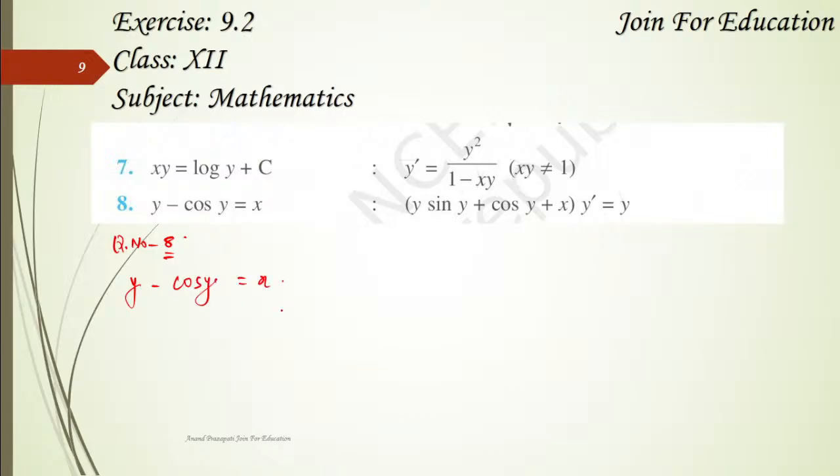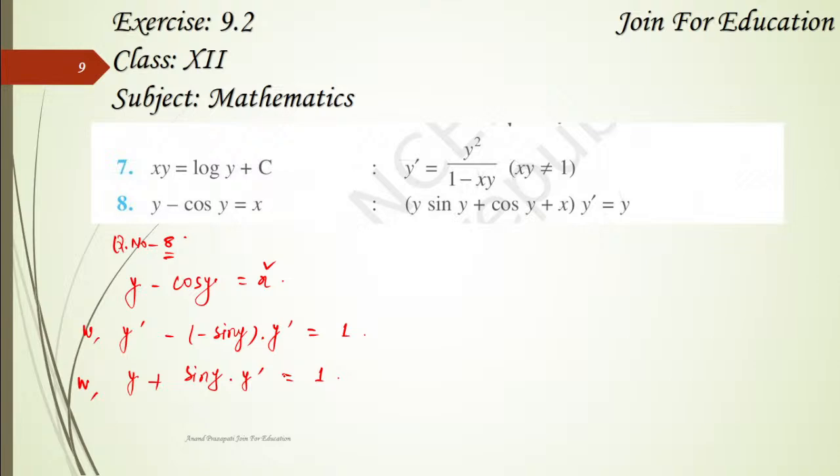Now derivative both sides with respect to x, then we get here y dash minus derivative of cos y is minus sin y, and derivative of y is y dash, and derivative of x is 1. So the next step will be y, and here minus minus plus sin y into y dash equal to 1.